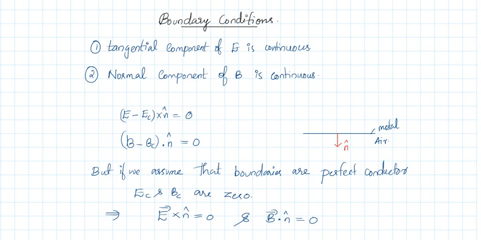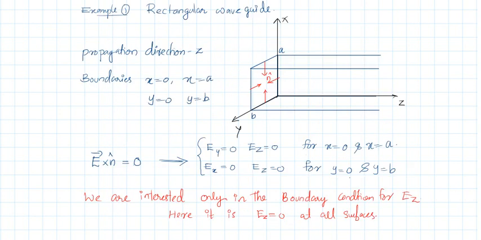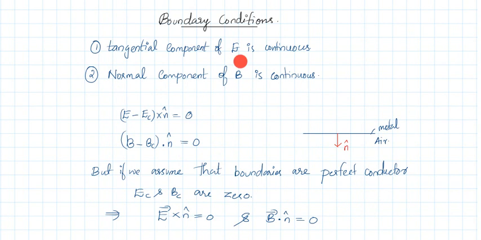So the first equation becomes E cross n cap equal to 0 and the second equation becomes B dot n cap equal to 0. These are the boundary conditions across a perfect conductor. These are true for any electric field and magnetic field in presence of perfect conductors.